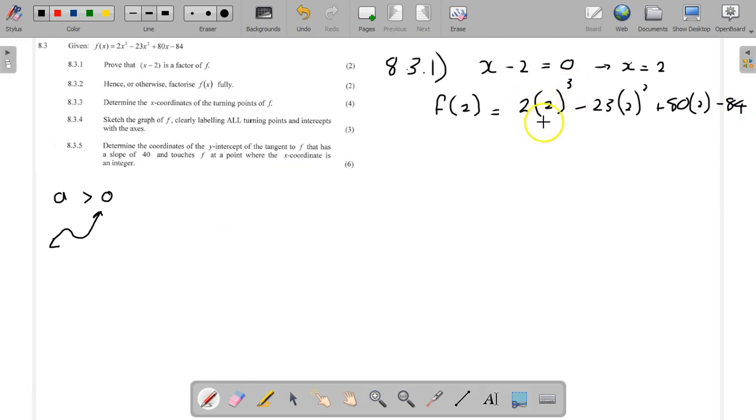Okay, now if I do my arithmetic, whether you use a calculator or do it manually, you'll end up with f at 2 is equal to 0, and therefore I can say x minus 2 is a factor.